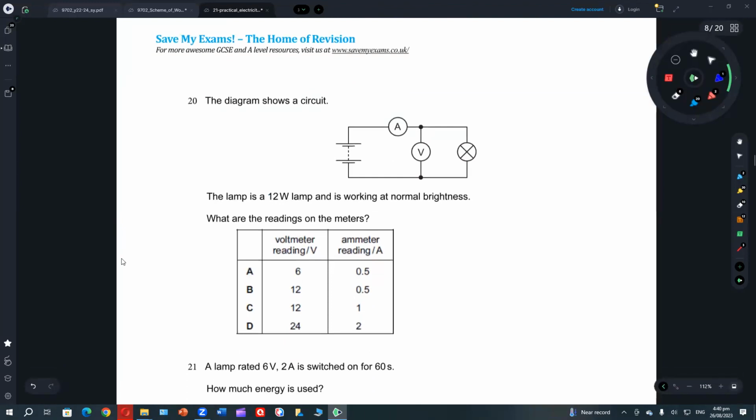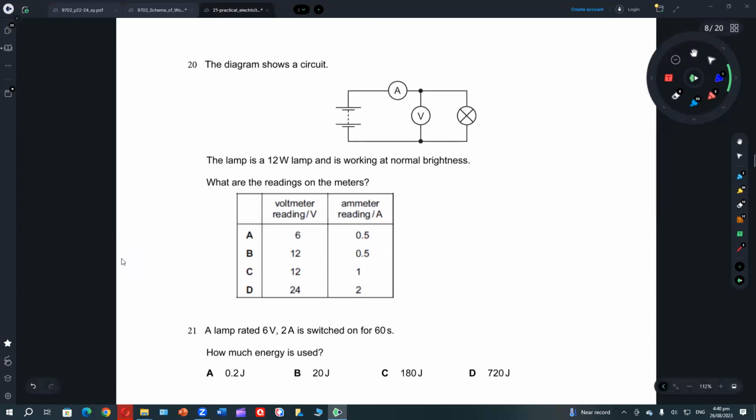Then the diagram shows a circuit. The lamp is a 12-volt lamp and is working at normal brightness. What are the readings on the meter? We need the reading for the voltmeter and the reading for the ammeter. The lamp is 12 watt. Power is 12 watts. The power has a formula VI.